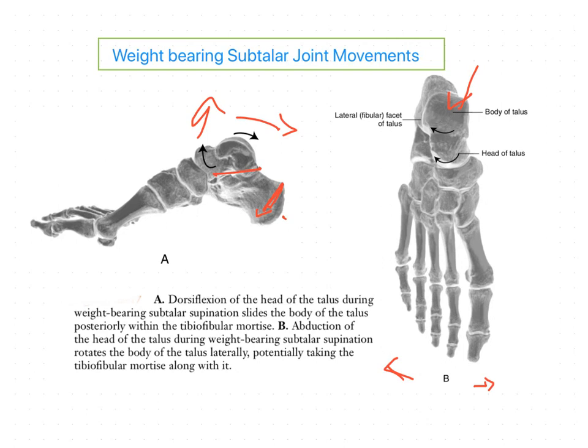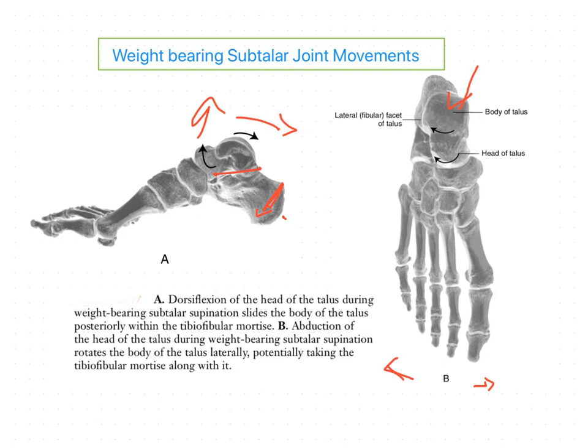The component motions of abduction and adduction of the talus occur around a vertical axis, and sometimes this is referred to as lateral rotation and medial rotation of the talus. Here talar plantar flexion is going to take place in the case of supination.